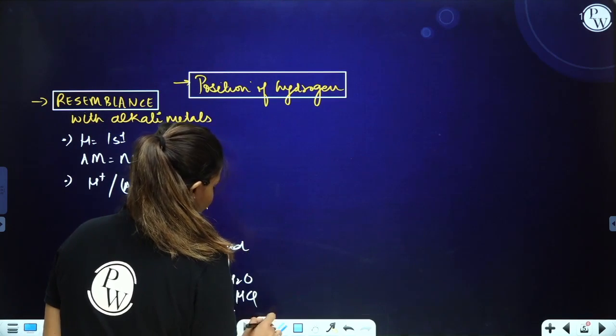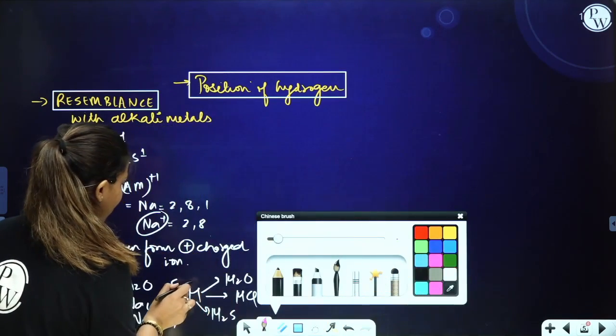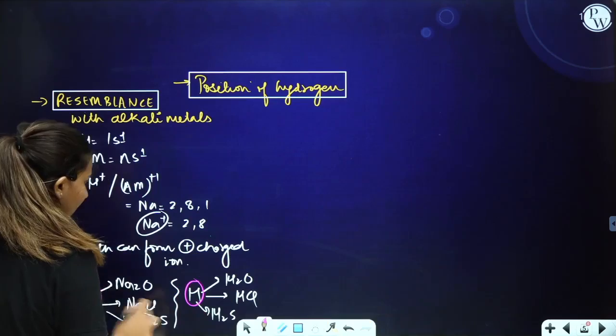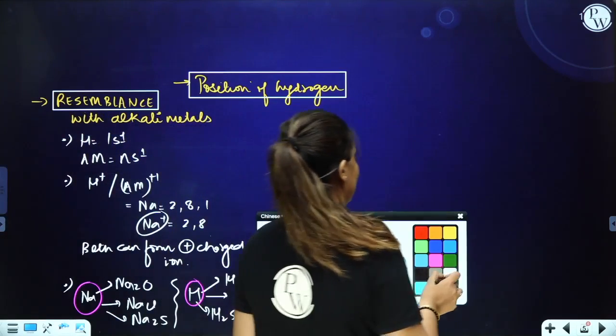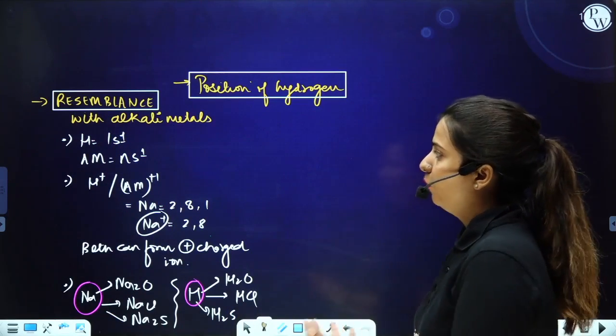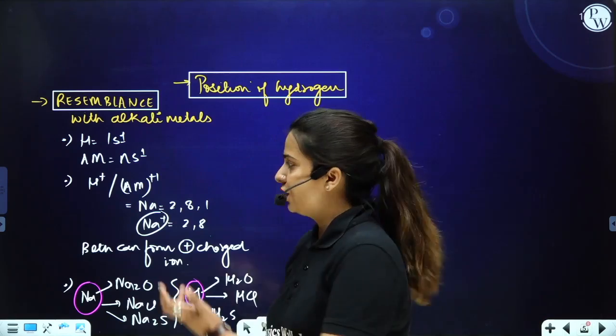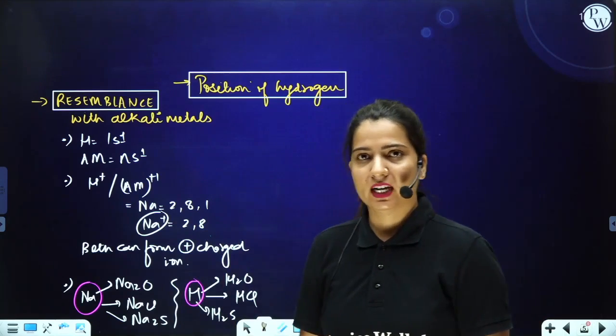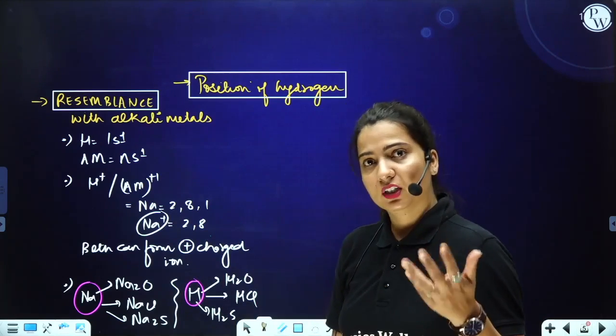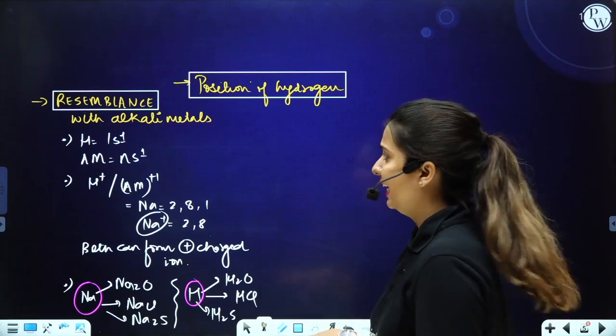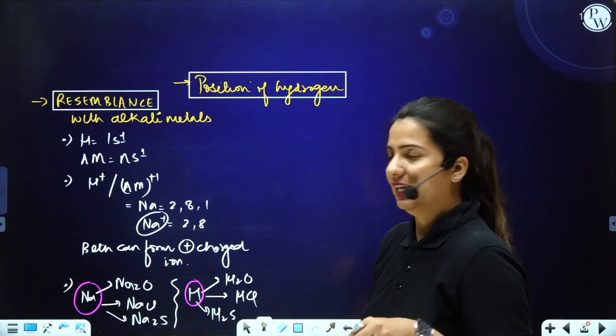So they show nearly equal behavior even in reactions. You can see both have the same kind of electronic configuration, both form the same types of ions, and both form the same types of compounds also. So we can say that yes, they resemble the alkali metals.